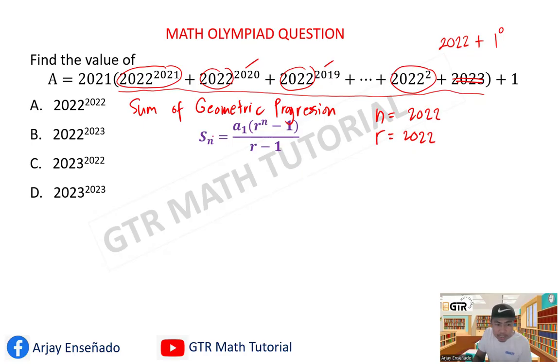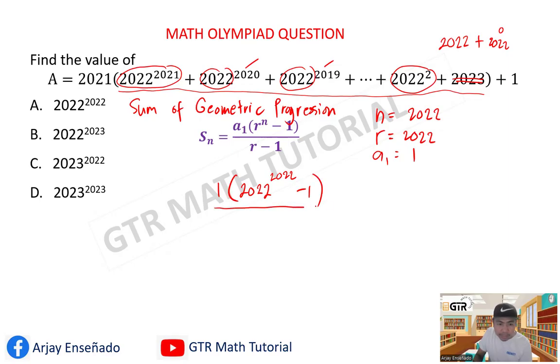So just substitute into this formula. The first term is 2022 raised to 0, so that is 1. So we have S sub n is equal to the first term, 1, and then r to the n. r is 2022. The value of n is again 2022, and then subtract 1.